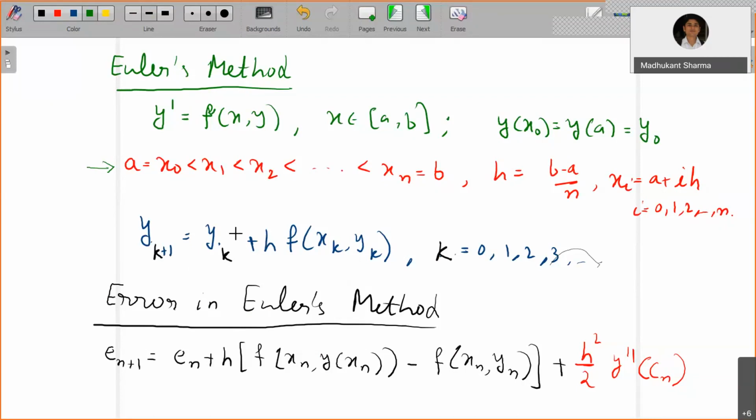y_{k+1} = y_k + h f(x_k, y_k). What do these notations stand for? y_k denotes the approximation of y at point x_k.